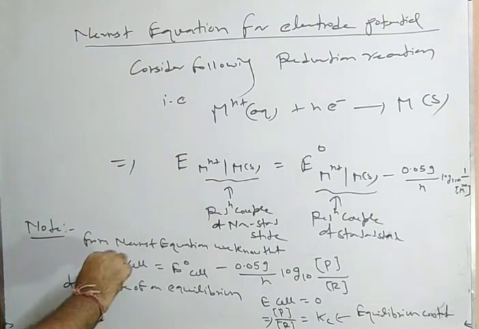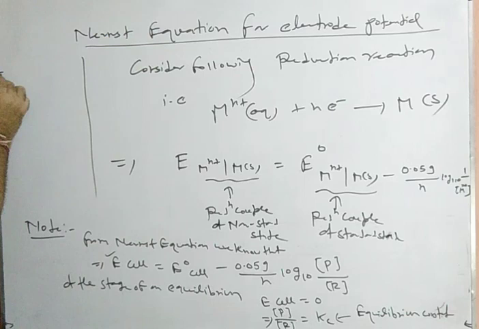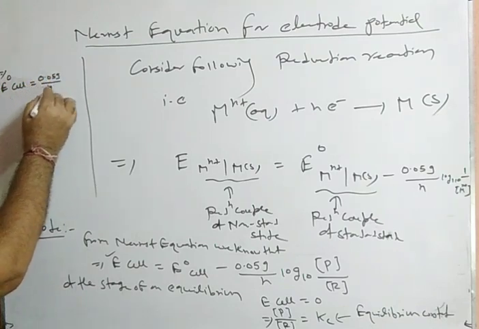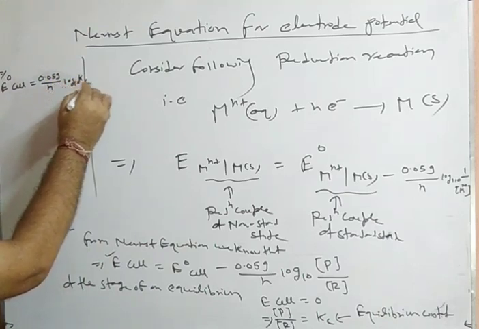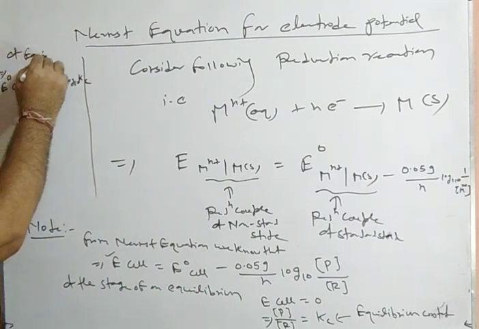So from this equation we can write E naught cell is equal to 0.059 by n log base 10 Kc at equilibrium.